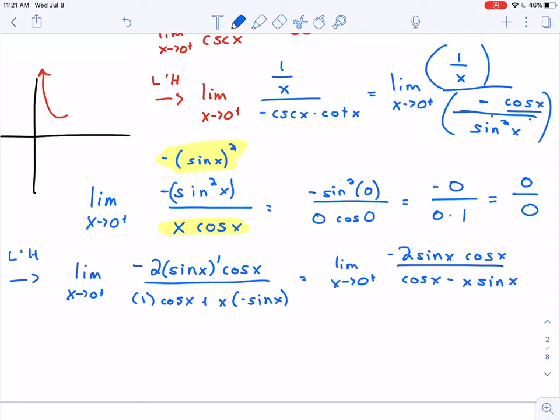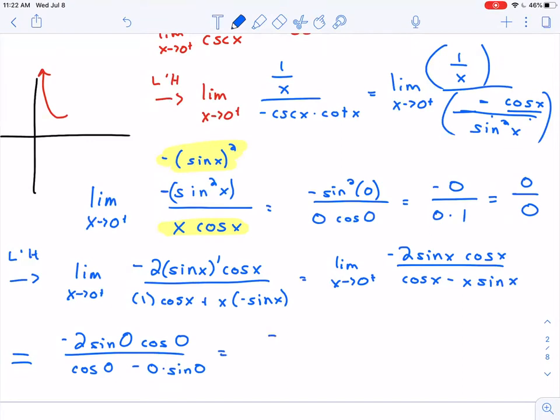Okay, so I have a limit. I've simplified it using L'Hopital's rule. Let's try evaluating this limit one more time. Let's see if it works. So here, we're just going to plug 0 in and hope for the best at this point. Negative 2 times sine of 0 times cosine of 0 divided by cosine of 0 minus 0 times sine of 0.